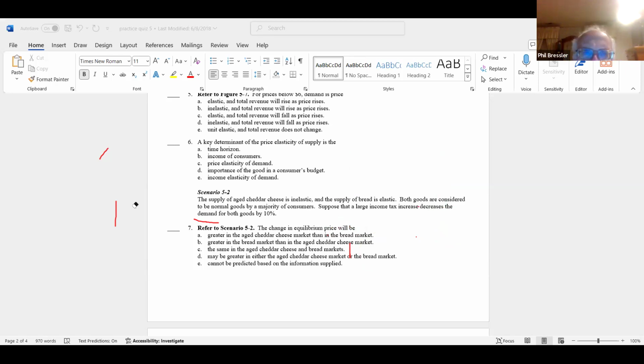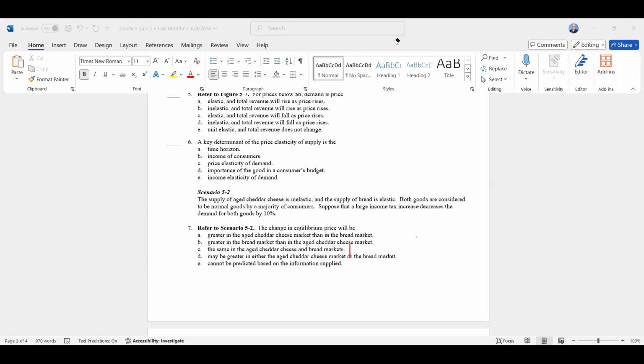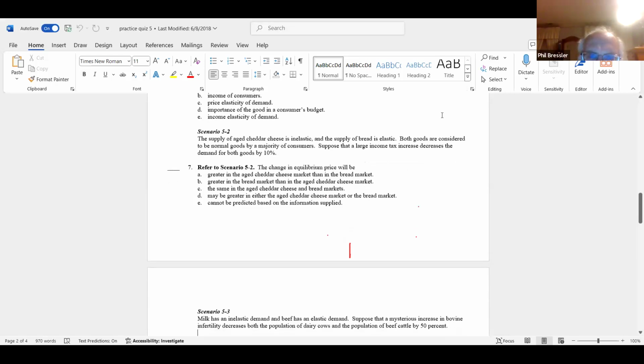Peter, what do you mean the range? You could turn on your mic, Peter, if it helps you explain. We did a problem where it went from one point on the graph to the other, and there was a difference in the quantity and a difference in the price, and we had to figure out which point was elastic. I swear we covered this. You mean like a total revenue one?